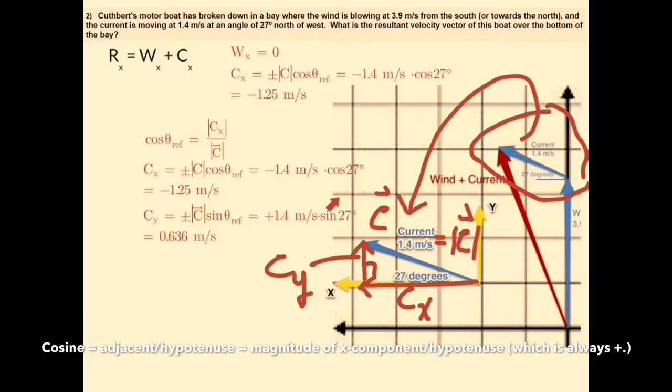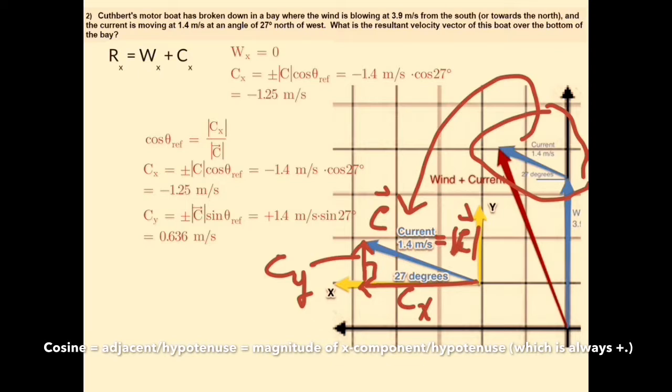Likewise, to find the y component, c sub y, we use the sine function, where the sine of 27 degrees is the magnitude of c sub y over the hypotenuse, or the magnitude of c, or the plus 1.4 meters per second.